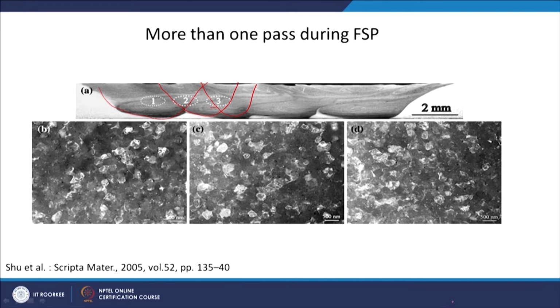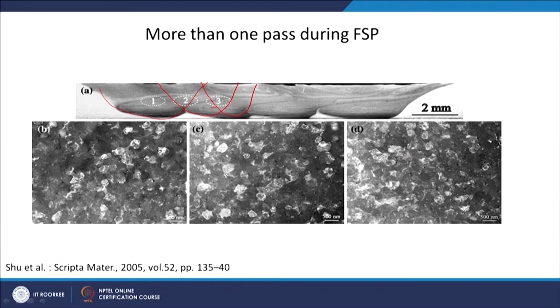But the important thing is to understand what will be the effect on the microstructure, because you are continuously deforming, continuously exposing your material to high temperature. So, what will be the effect of, let us say, the second pass on the first pass, or the third pass on the first pass and so on. Microstructure is taken from 3 locations, where the first pass was there, then the second one and the third one.